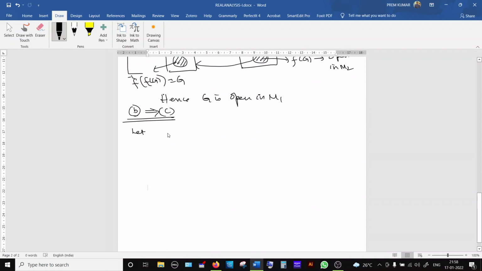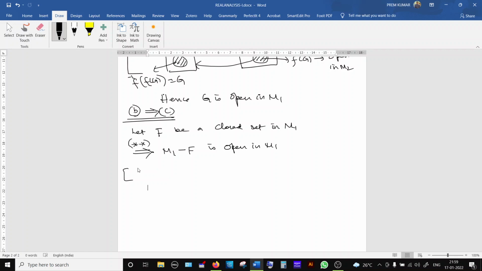So let us assume that F be a closed set in M1. Which implies, double star is the result I am going to write, that M1 minus F, the complement of F in M1, is open in M1.